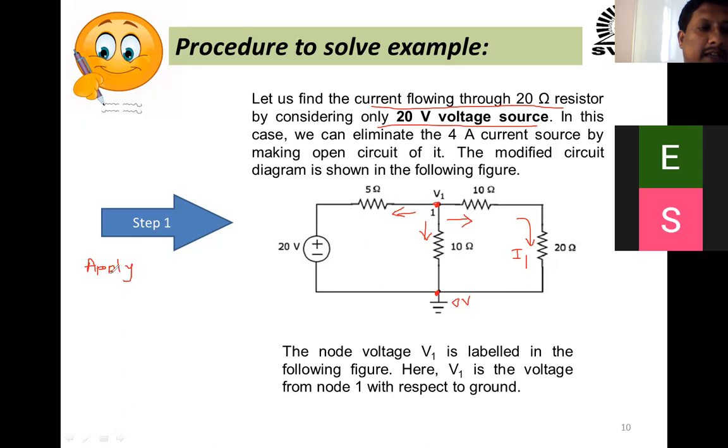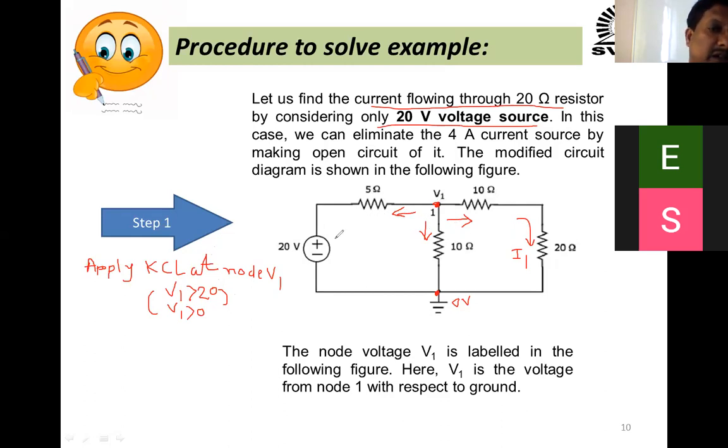KCL, Kirchhoff's current law, at node V1. So what is the assumption? V1 is greater than 20. And for other branches, V1 is greater than 0, because you have assumed that the direction is outgoing. All are outgoing, means all are positive terms.